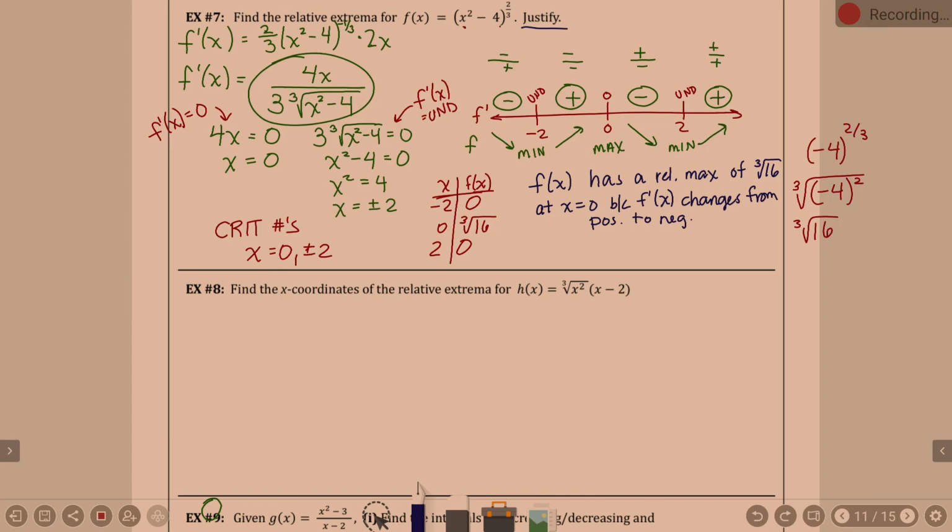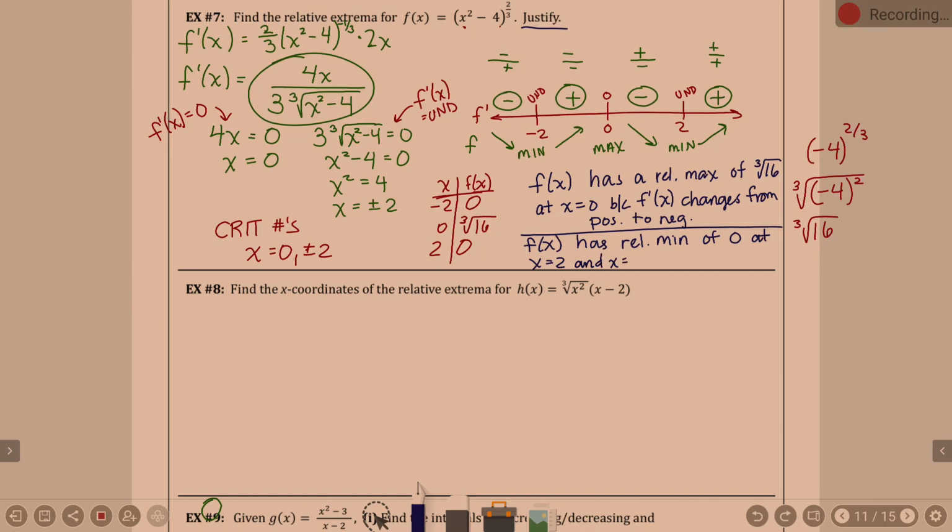Okay. And then what else do we know? F of x has a relative min of 0 at x equals 2 and x equals negative 2.